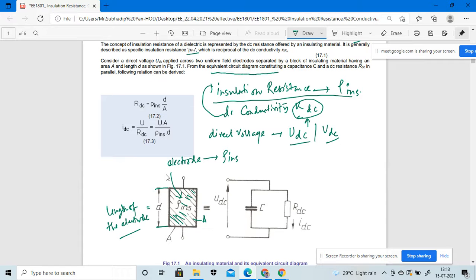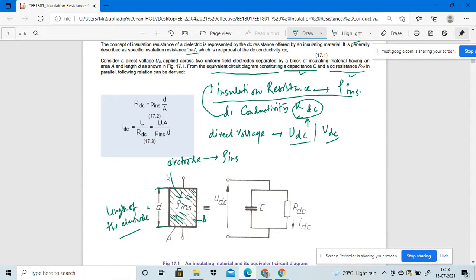For the equivalent circuit diagram, we need to consider the capacitance C, and we need to consider the DC resistance RDC, and that should be considered in parallel. Whatever components we use before constructing the equivalent circuit should be considered in parallel.